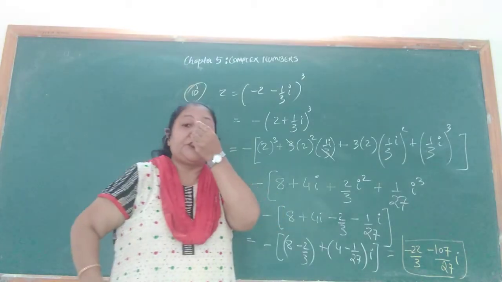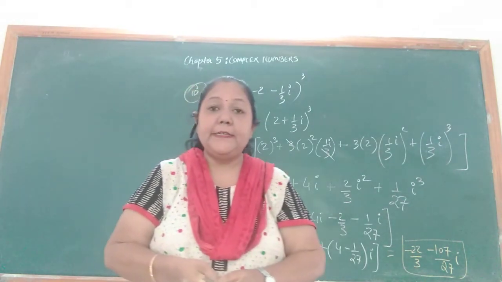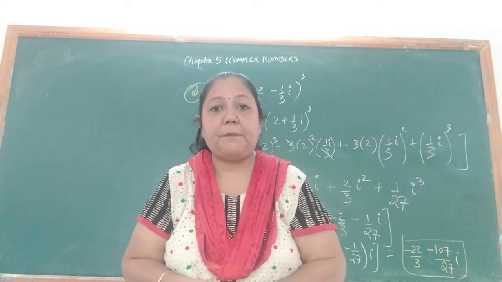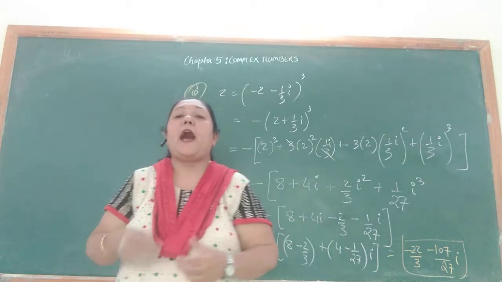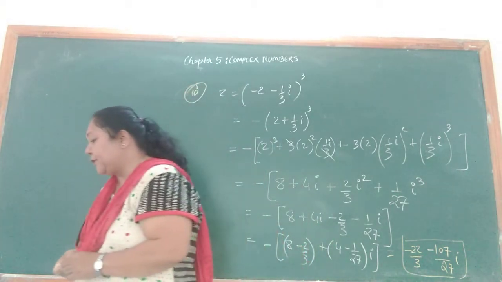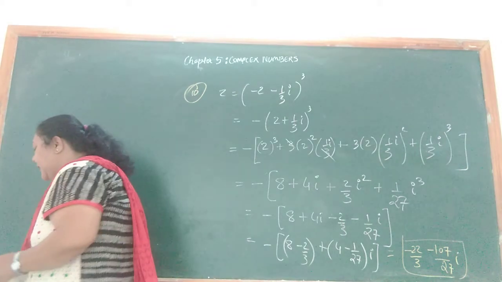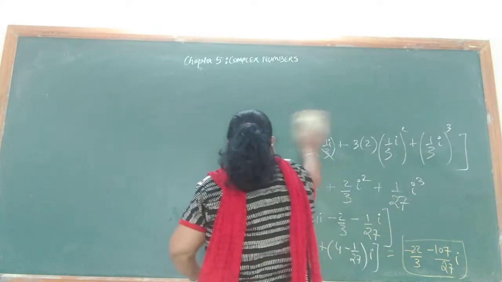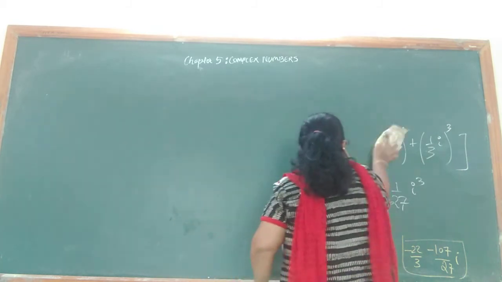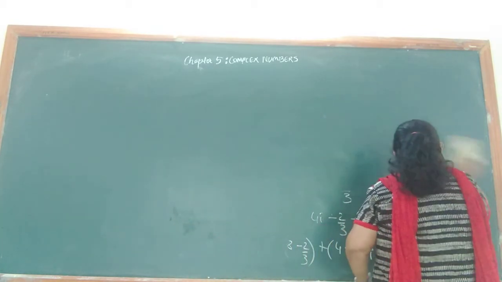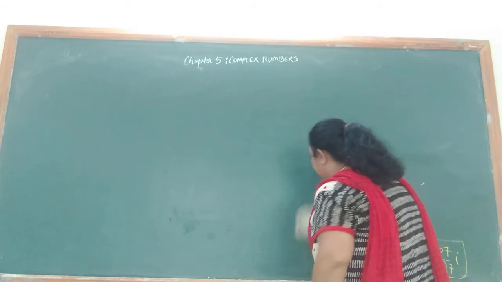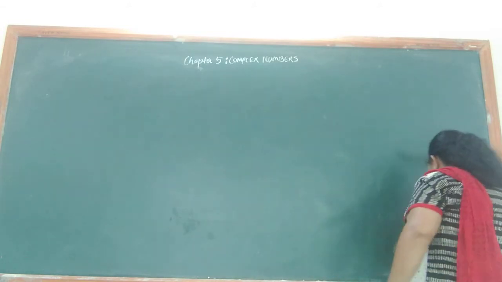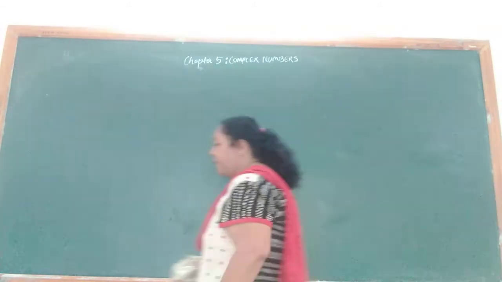In all the questions you were told to convert into a plus ib form, and the second question you are going to deal with is to find the inverse. The main question 2 is to find the inverse of a complex number. So let us learn how to find the inverse of a complex number.